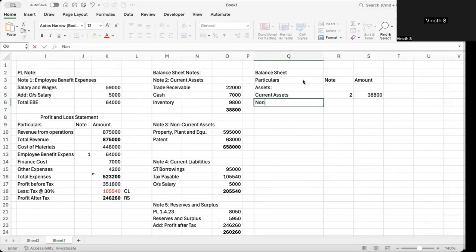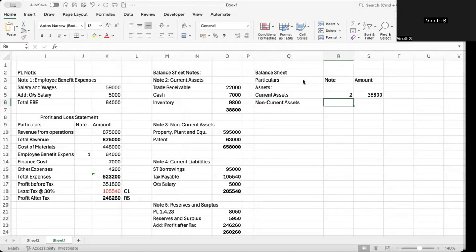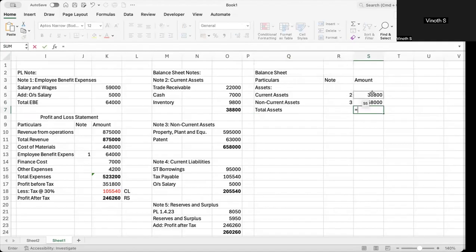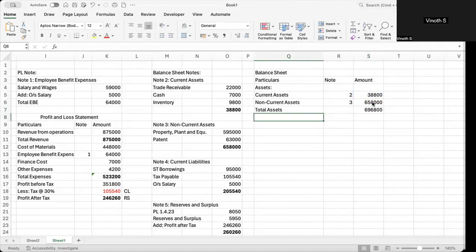Second is non-current assets, note number 3, 6,58,000. The total assets, 6,96,800. This is the total assets.